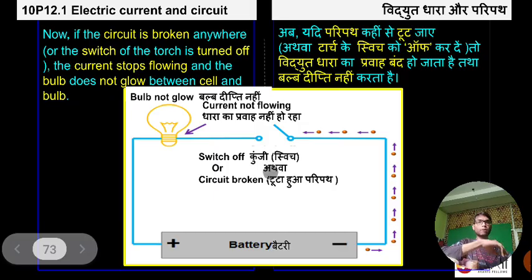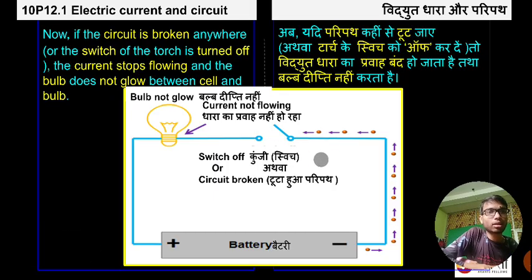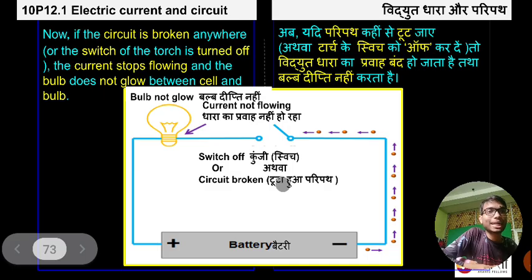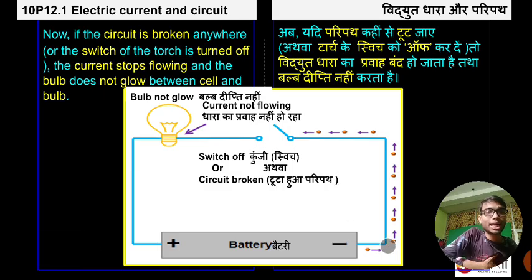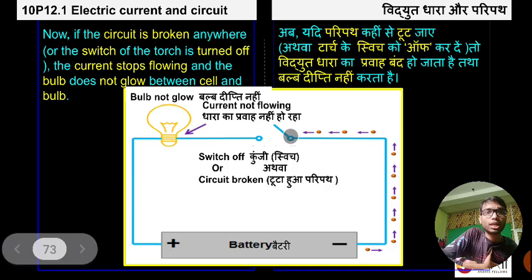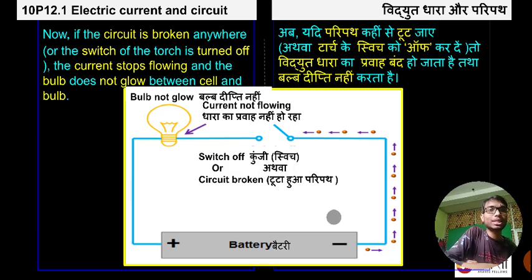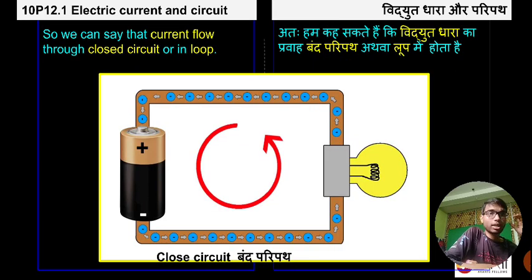But here we can see this is broken. How can they travel without any attachment? So they travel only till here, and that's why they will not go any further. This type of circuit we consider an open circuit. Next we have a closed circuit.